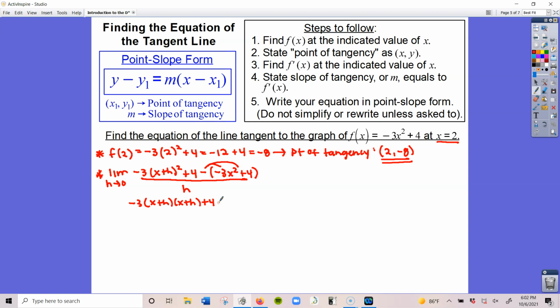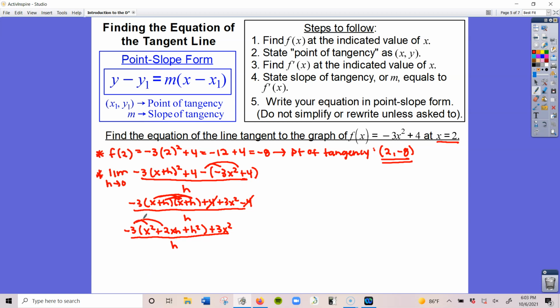Distribute this negative, so plus 3x squared minus 4, all over h. We can distribute these binomials here just like we've done before. So negative 3 times x squared plus xh and another xh, so 2xh, plus h squared. The 4's here will cancel because one is positive and one is negative, plus 3x squared, all over h.